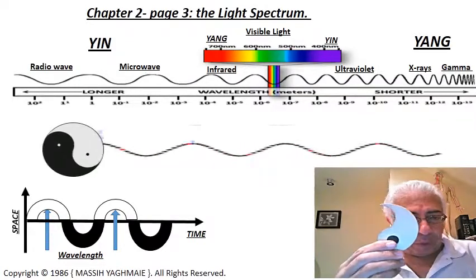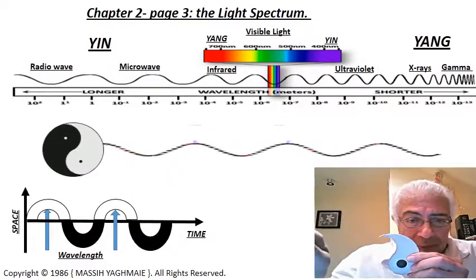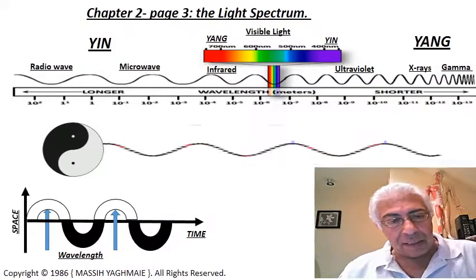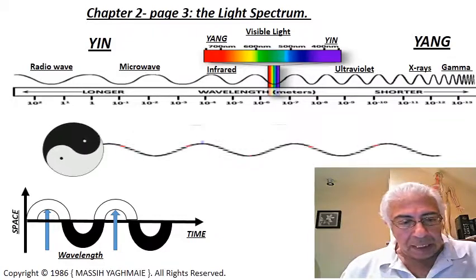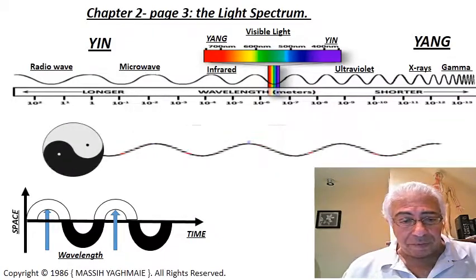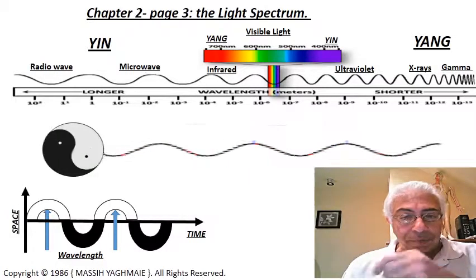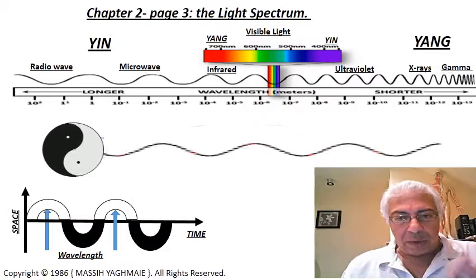They are very yang. They have a very high frequency and a very short wavelength. That's why the gamma rays and X-rays are very dangerous, because they've got a lot of yang in them, a lot of firepower in a way. Whereas the radio wave is more yin, more easy flowing.